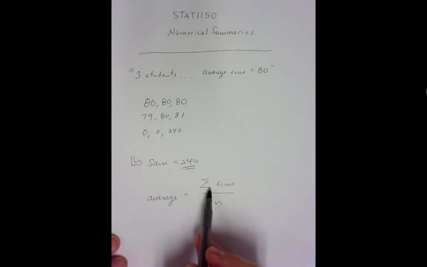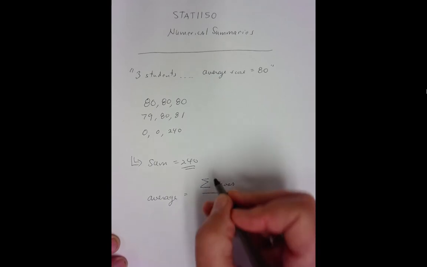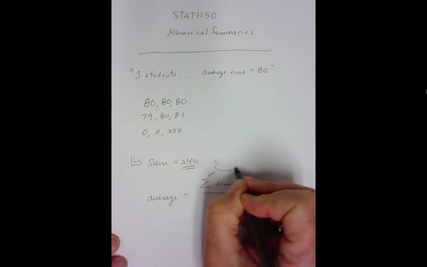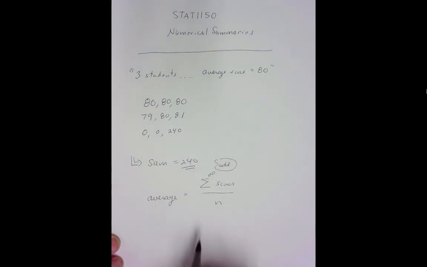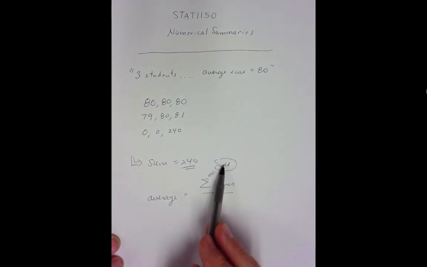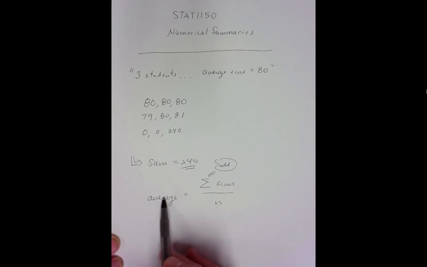This is a fancy mathematical symbol. This is a sigma. It's a Greek letter, and you shouldn't flip out when you see that, because that Greek letter, just mathematically at least, just indicates to add. So add your scores, divide by n, and you get your average.